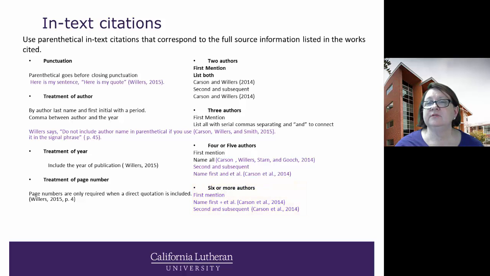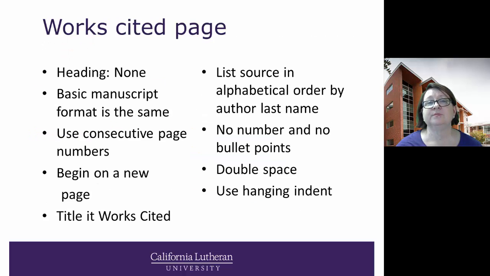So that's a little confusing. There are several resource guides to help you with this and several very handy charts that the Writing Center has. Nobody's really expecting you to memorize this, but just be aware that it changes from the first to the subsequent, which means anytime after the first.